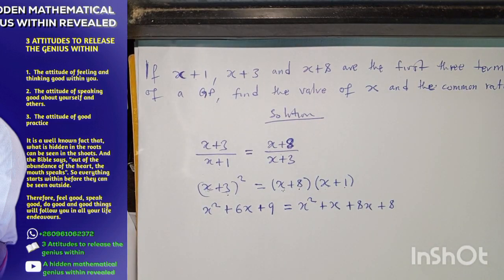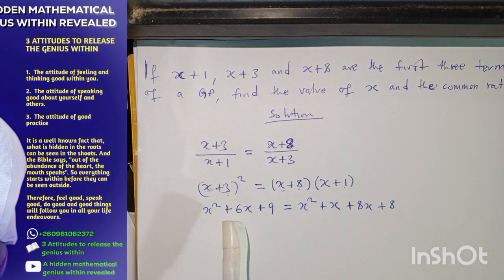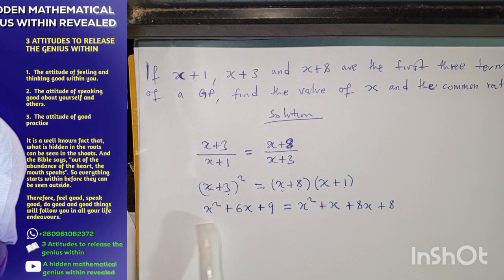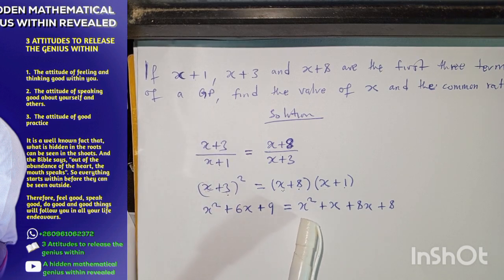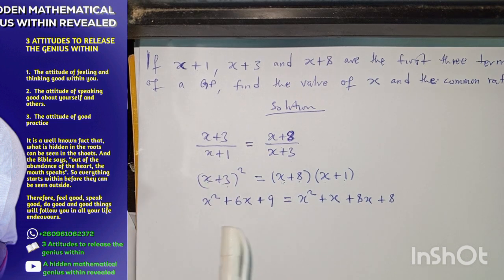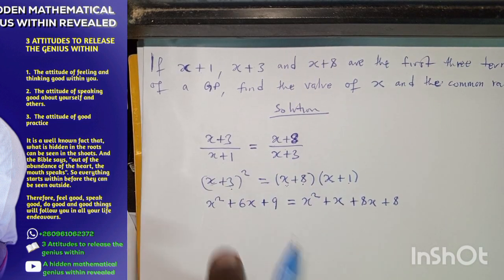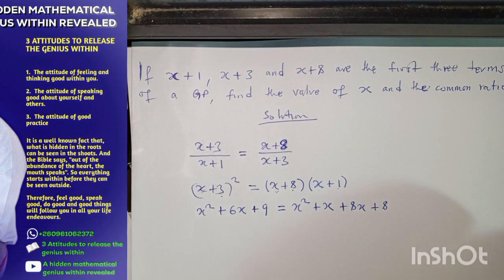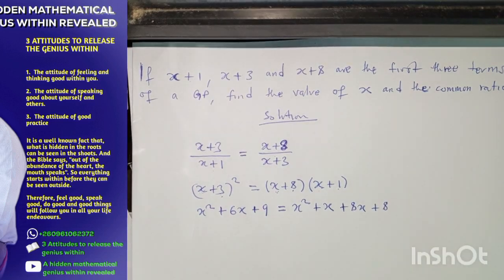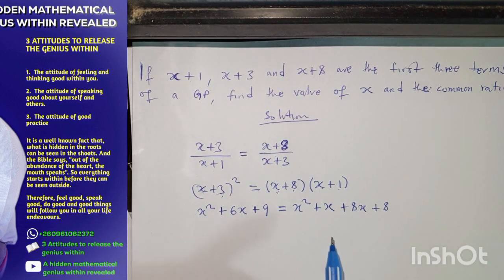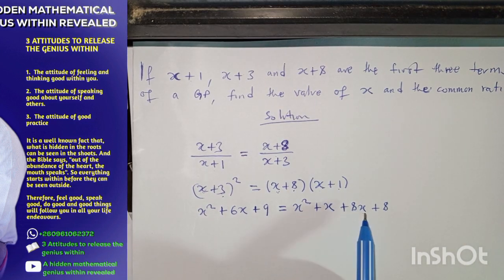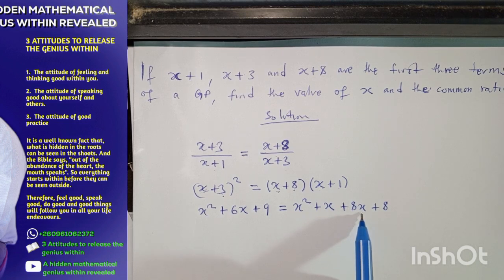then we collect like terms. So here, on the left hand side of the equation there is x squared, and on the right there is also x squared. So the two x squared will cancel out. Then here we have x plus 8x, we're going to have 9x.